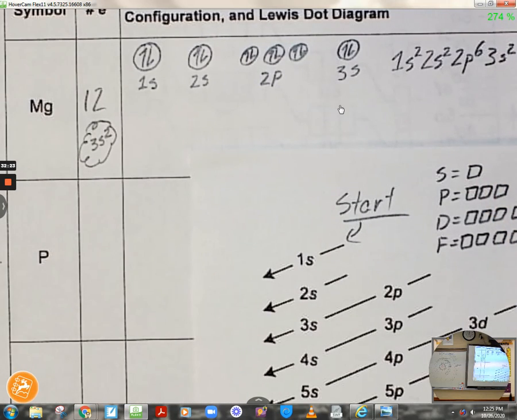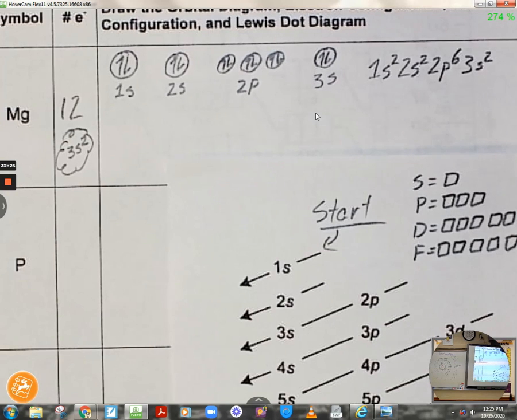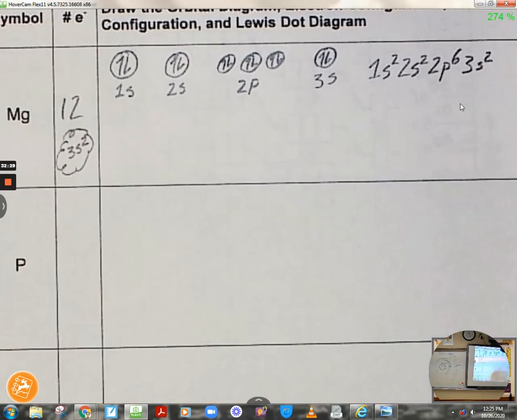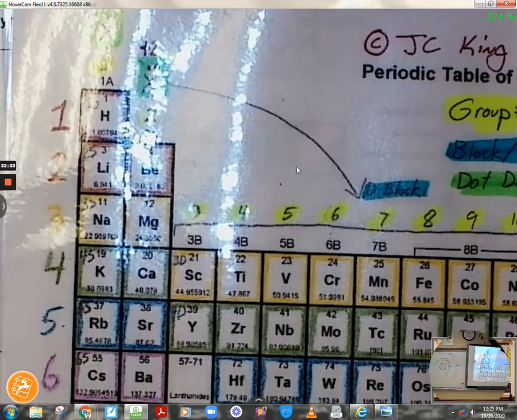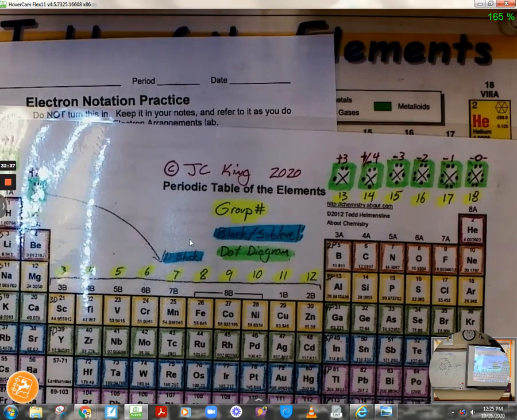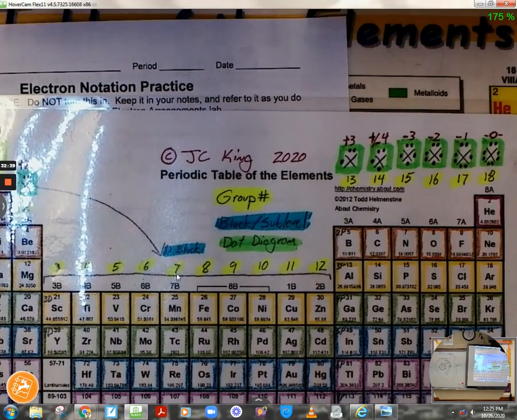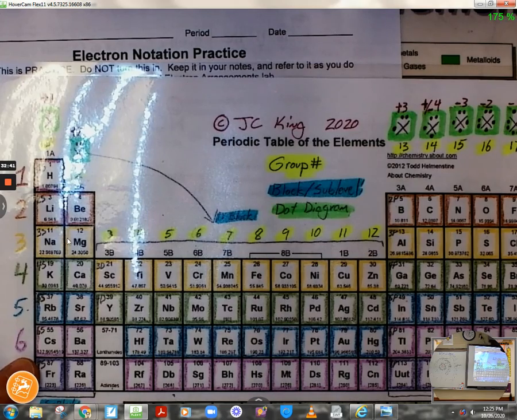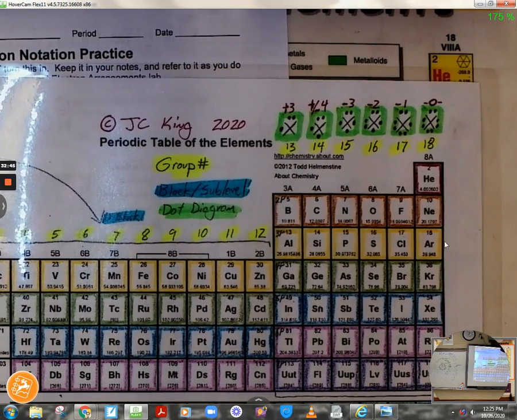Now, if we want to figure out the noble gas configuration for this, you might need to look back at our periodic table. It is going to be neon. And you can do that by backpedaling. So we're going to backpedal from 12 to 11 to 10. So 10 is the last noble gas we came to, and that was at the end of 2p.